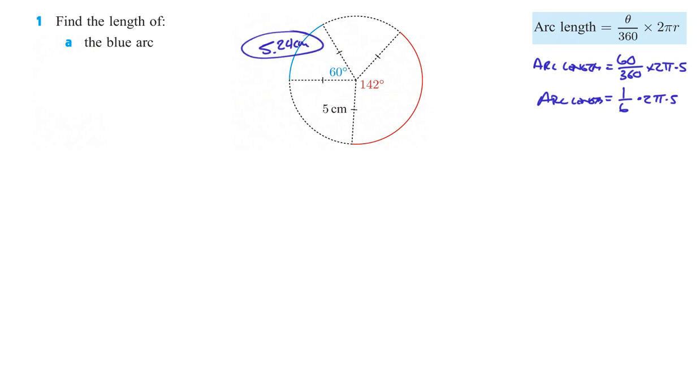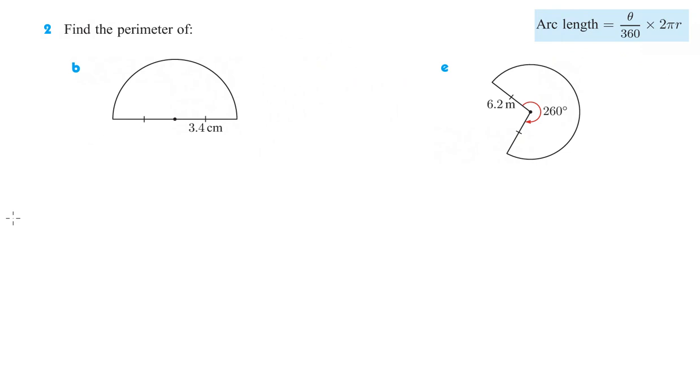Okay, moving on to number 2, find the perimeter. Remember, the perimeter is this arc here plus this straight line across here. So we've got 3.4 and 3.4 here, so those two plus this semicircle, right? We can use this little arc length formula.